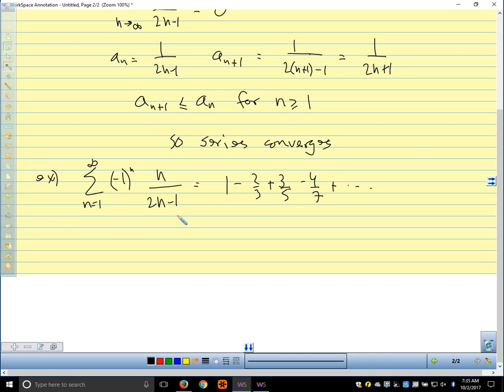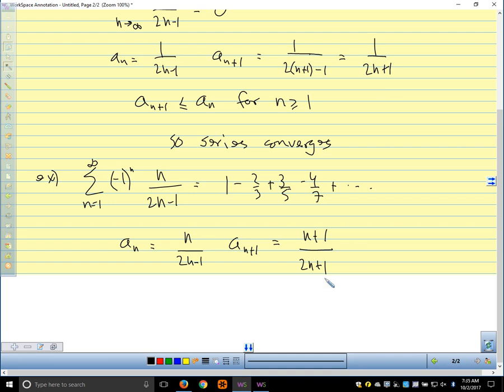So I'm going to say a sub n. We're going to check to see if our sequence is decreasing. a sub n is n over 2n minus 1, and a sub n plus 1 is n plus 1 over 2n plus 1. So the denominator is the same as we got there.